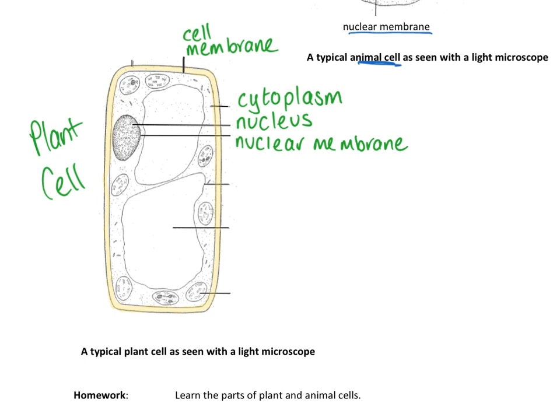I know there's a tiny wee gap there, but that inner line is what we would label the cell membrane. And again, just like in the animal cell, it controls what enters and leaves the cell, and it contains the contents of the cell. So it has the same function as it does in the animal cell, but the plant cells also have this extra cell wall.